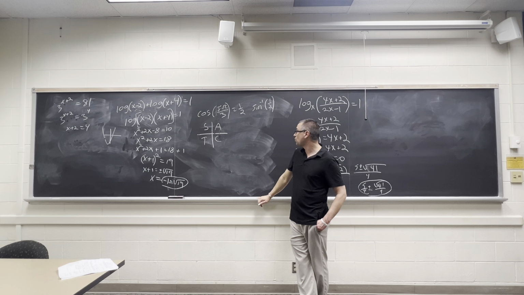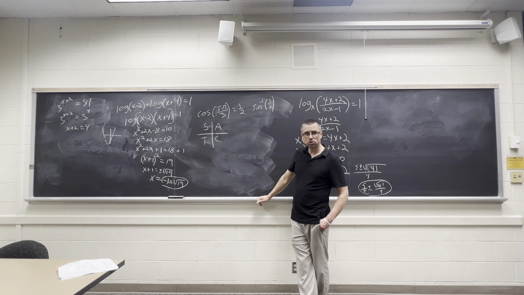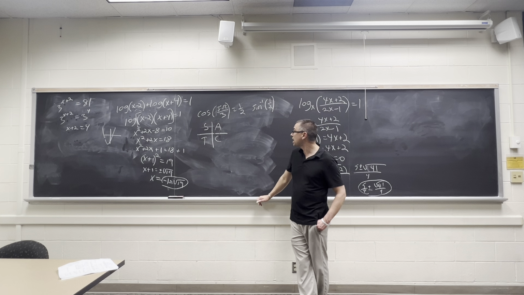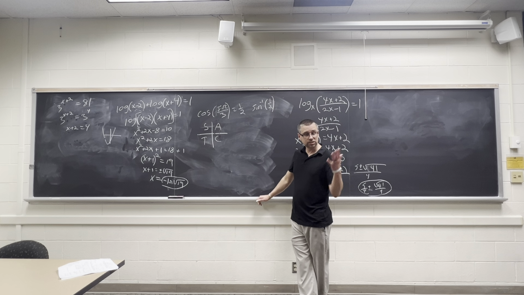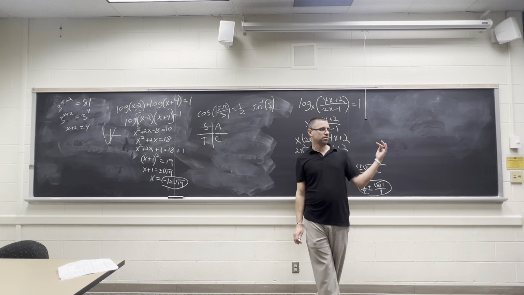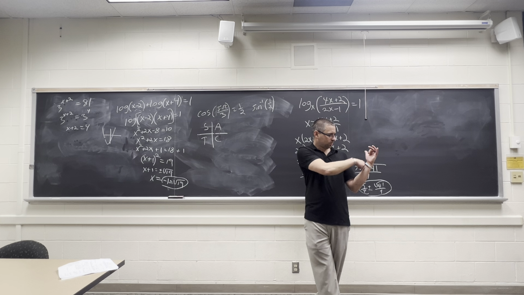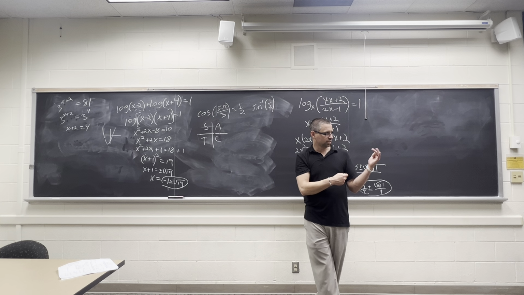Sine inverse of 1/2 means the angle whose sine is 1/2. You could use the same trick on your hand. You want this angle, because sine would be 1 over 2. So what angle is this? Well, it would be pi over 6.